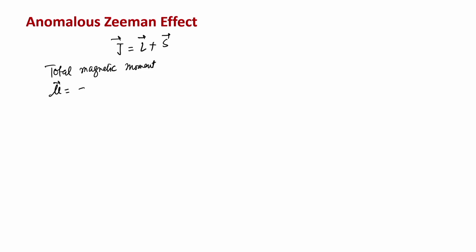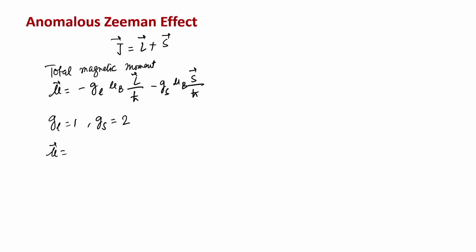Mu is equal to minus g_L mu_B L by h-cross minus g_S mu_B S over h-cross, and here of course, we have g_L equal to 1 and g_S equal to 2. This is pretty close to 2, and then the total magnetic moment takes the form minus mu_B over h-cross, and it is L plus 2S.